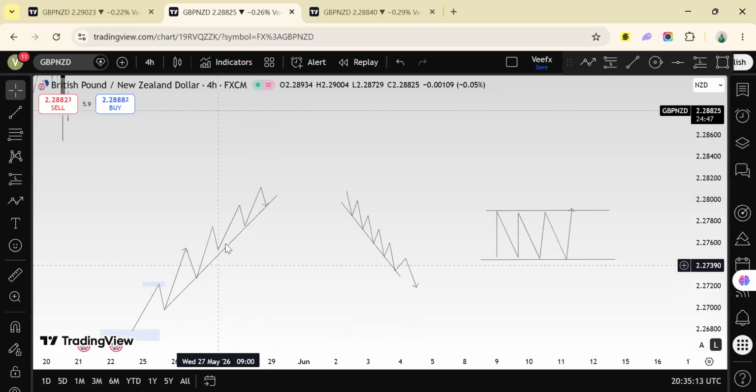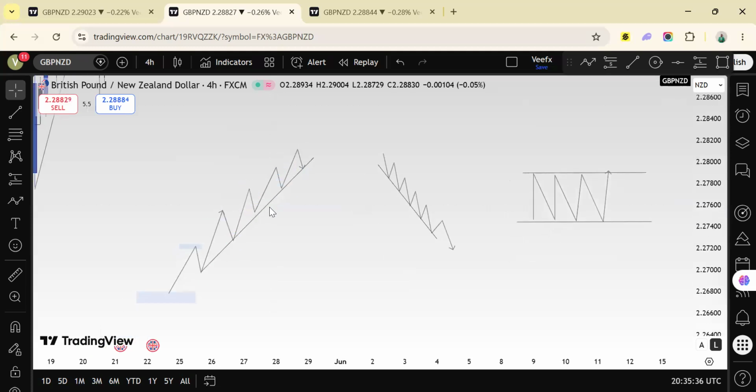So you need to either be looking to continue the trend, which means you want to continue buying, or you want to oppose the trend and take a reversal and start selling, which means you're now trading in the opposite direction, right? So those are the two things that you look out for in a trend.